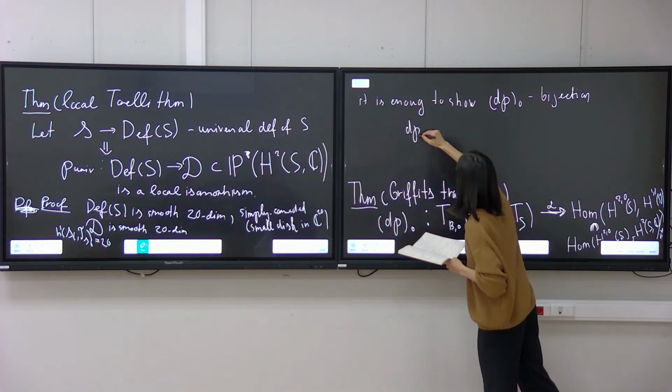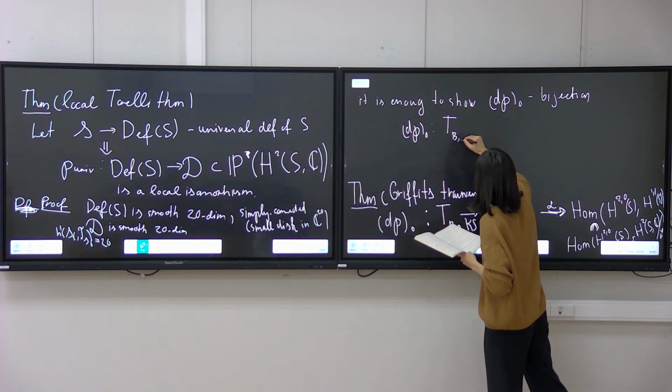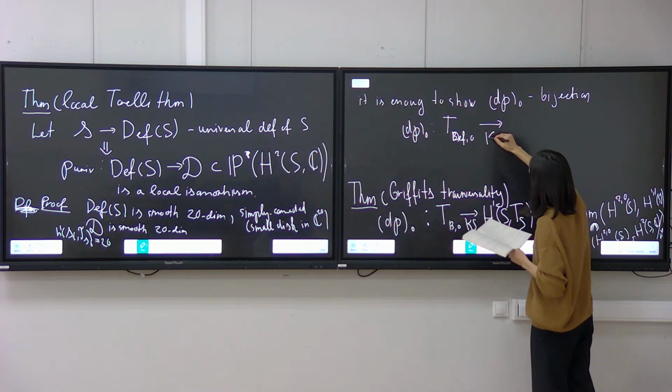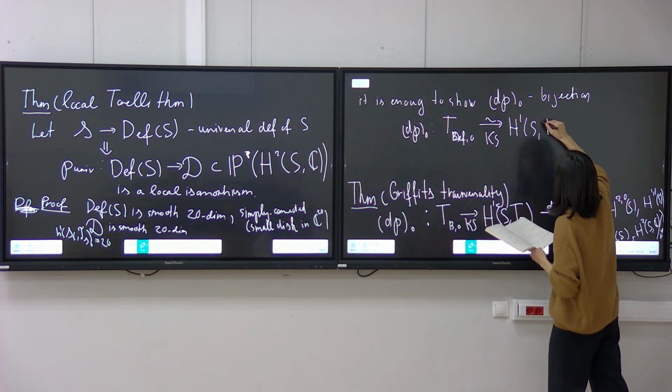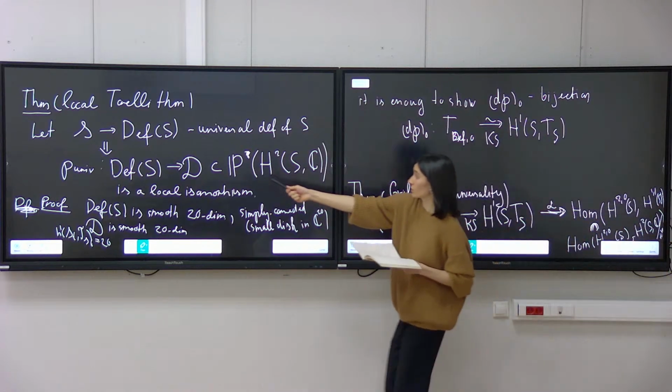What does Griffith's transversality tell you? That the tangent space at B0, by the Kodaira-Spencer map, is isomorphic to the first cohomologies of the tangent bundle, just because this is a universal deformation.